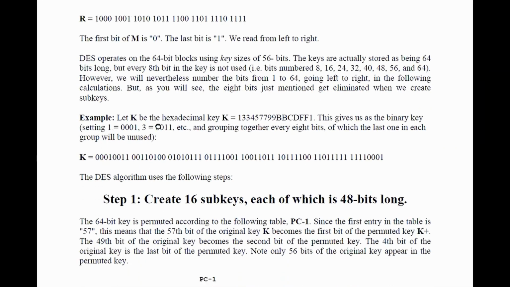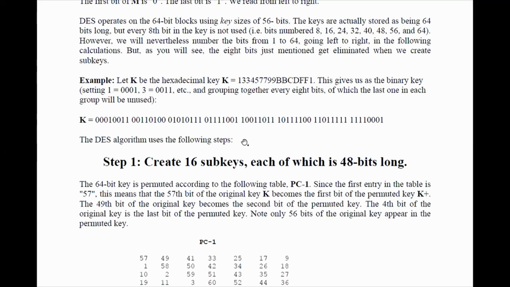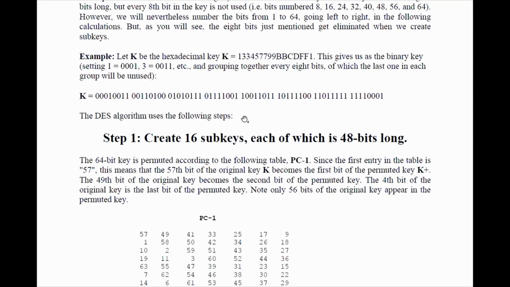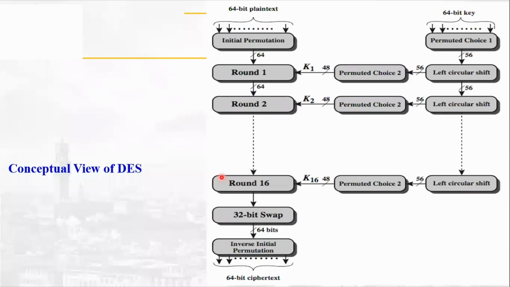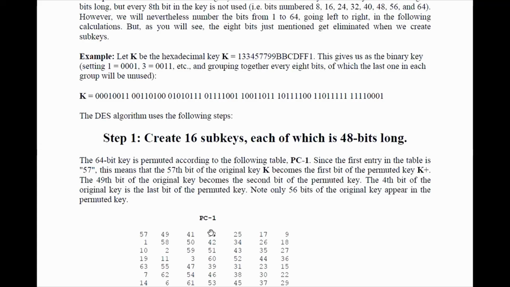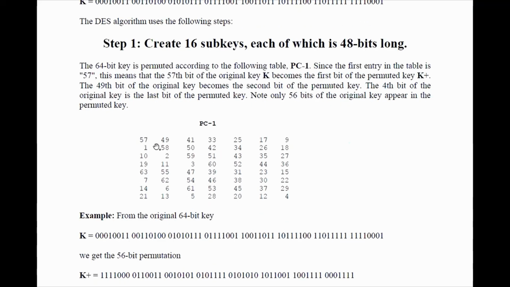Once the 64-bit key is entered, you have to reduce it to 56 bits by applying some reduction logic. What is that reduction logic? It is this table, the PC1 table.